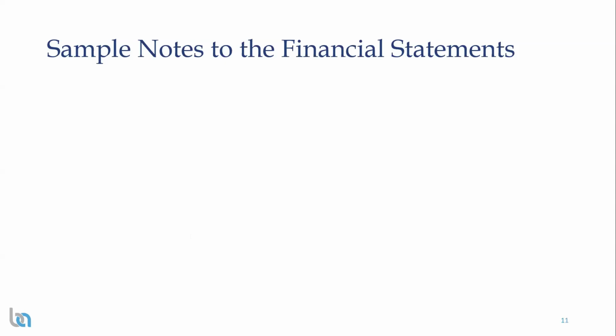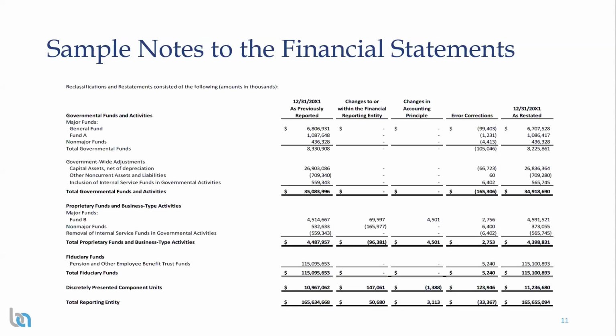And then you also have to disclose a schedule that shows by reporting entity whether this was a change in the reporting entity, a change in the accounting principles, or error corrections, and so on.